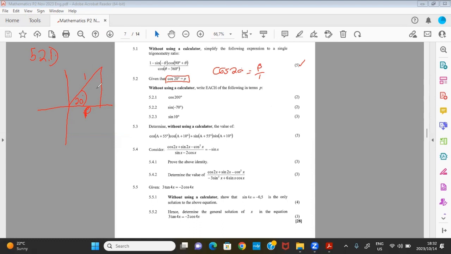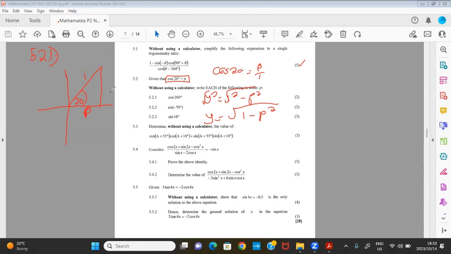Then I'm just going to find my opposite side using Pythagoras quickly. So y squared is equal to 1 squared minus P squared. Then I square root everything.